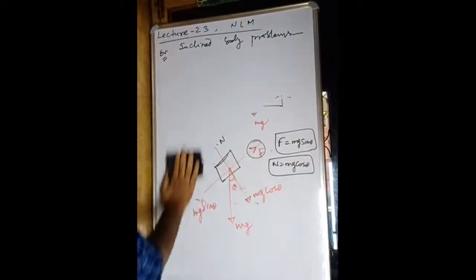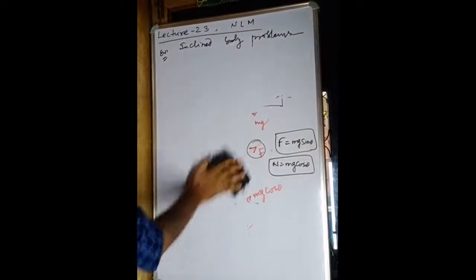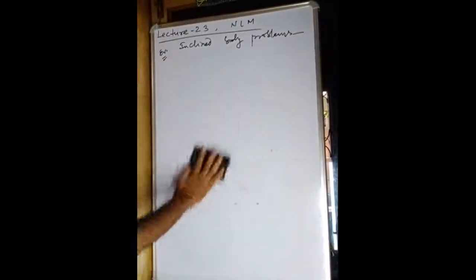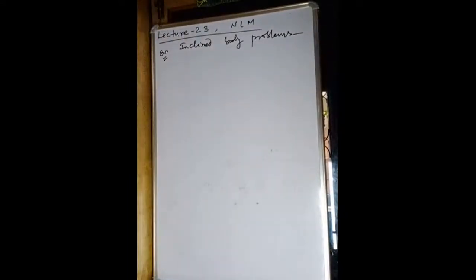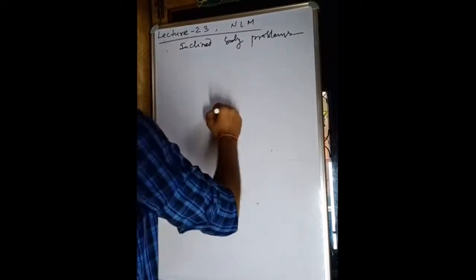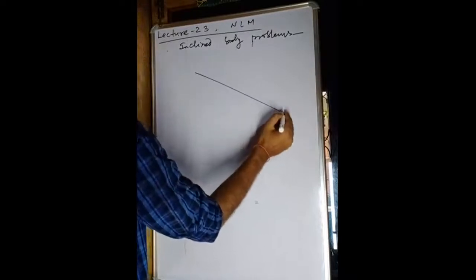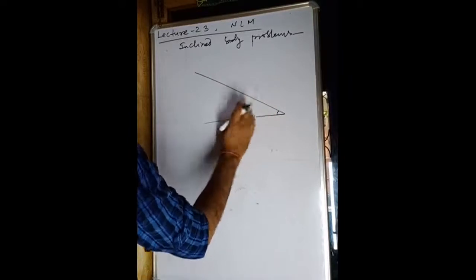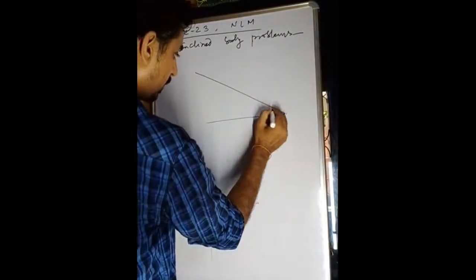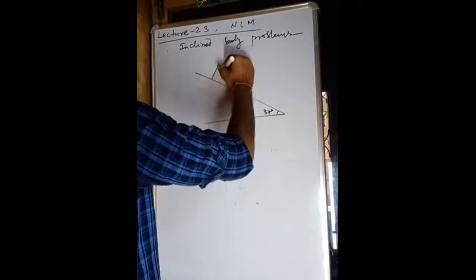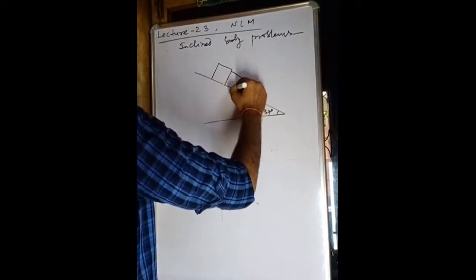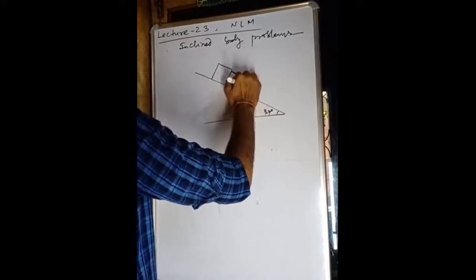For the inclined body problem, one more question, my dear students, I am going to deal with here. The angle theta, let me take the value this time as 37 degrees.